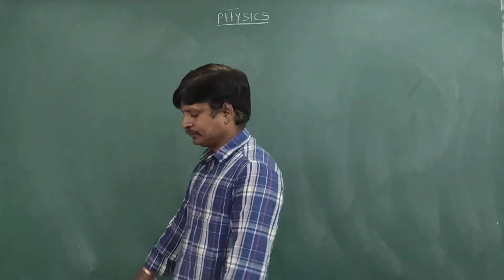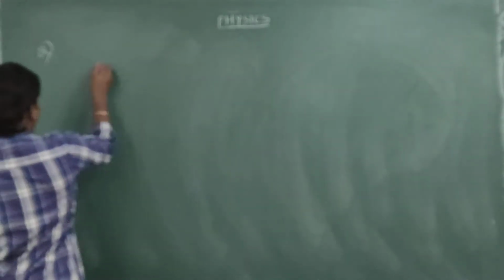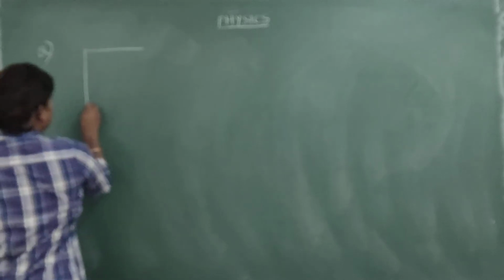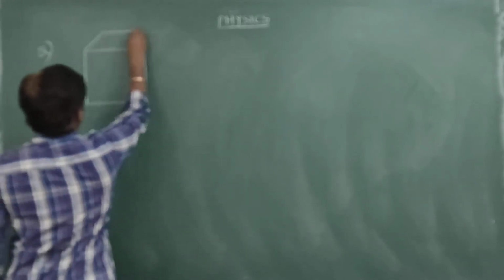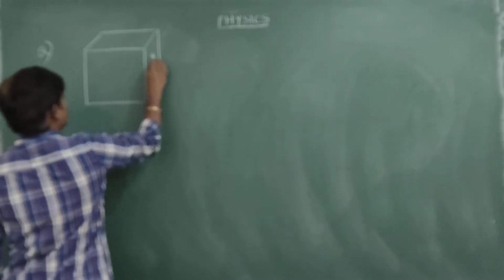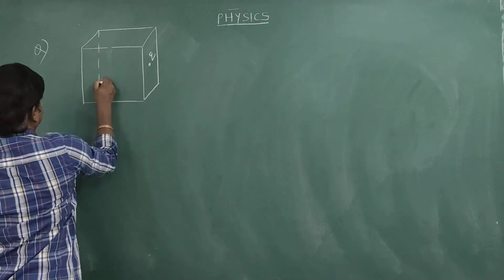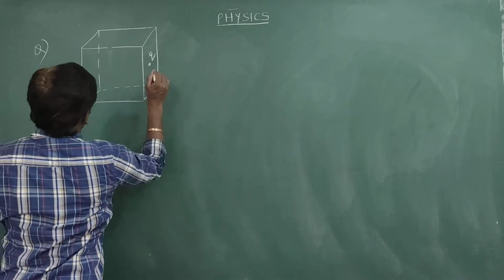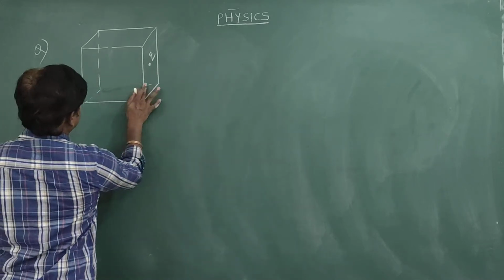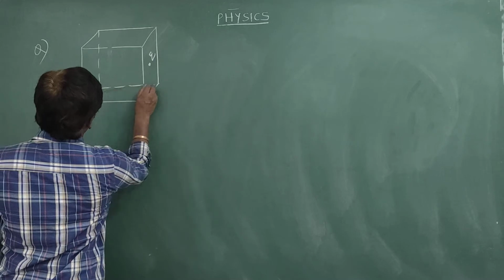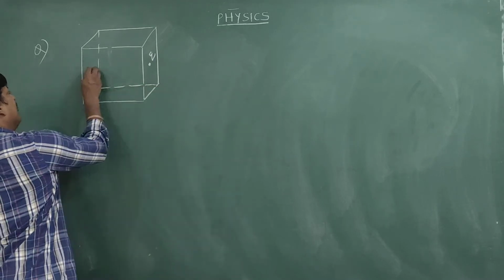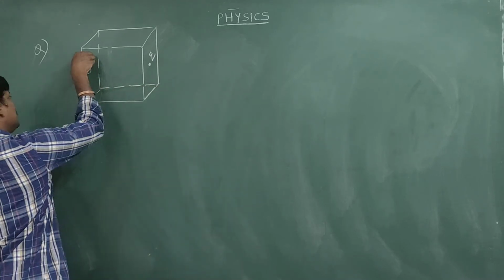Now, if I give a question like this, there is a cube, and here there is a charge which is placed at the center of one face of the cube. The flux through this face is phi.